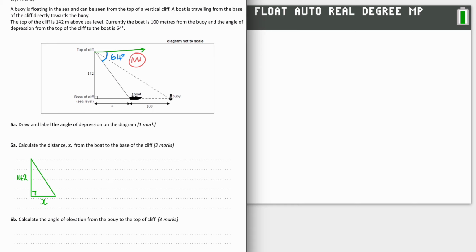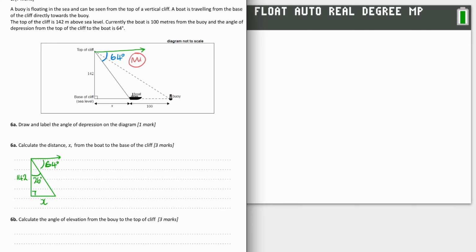I can't find x until I know one of the angles, but I do know that this angle here is 64, which is the angle of depression, in which case I know that this angle here is 90 minus 64, and therefore 26 degrees.